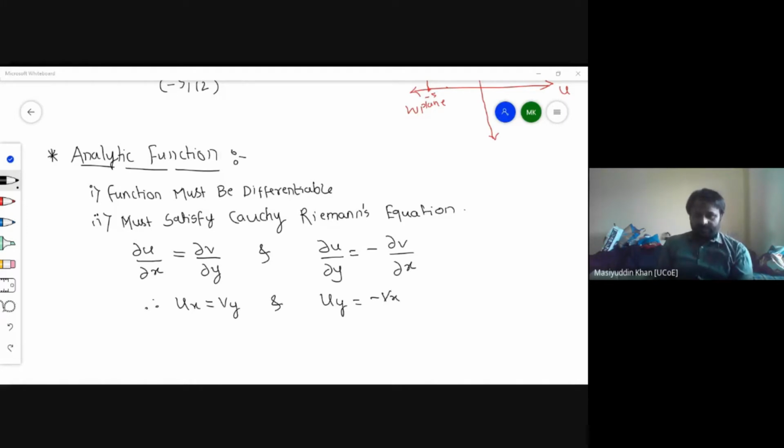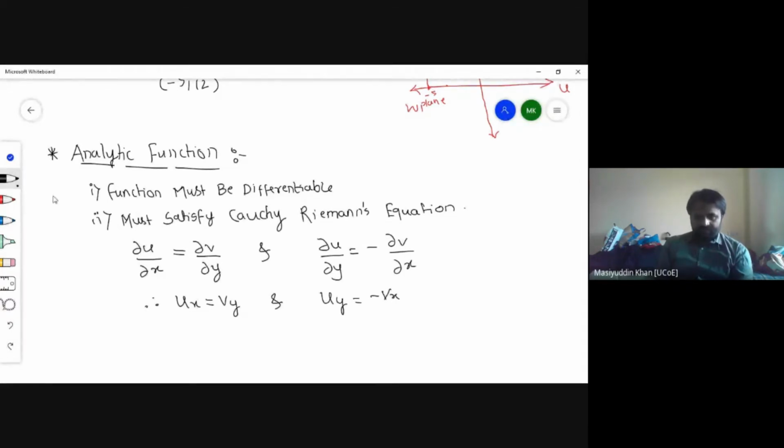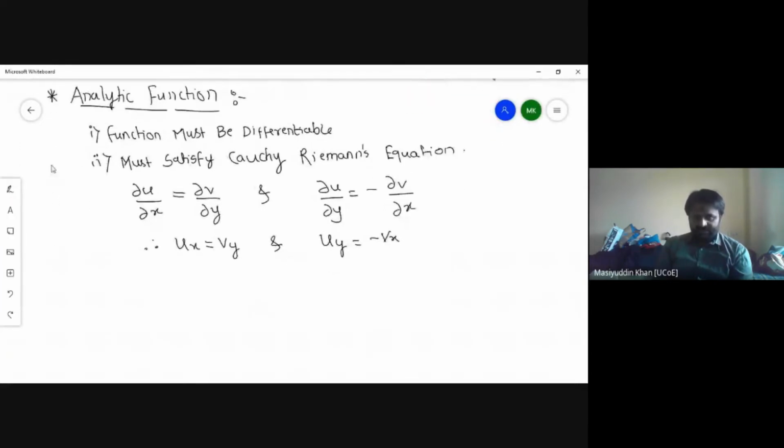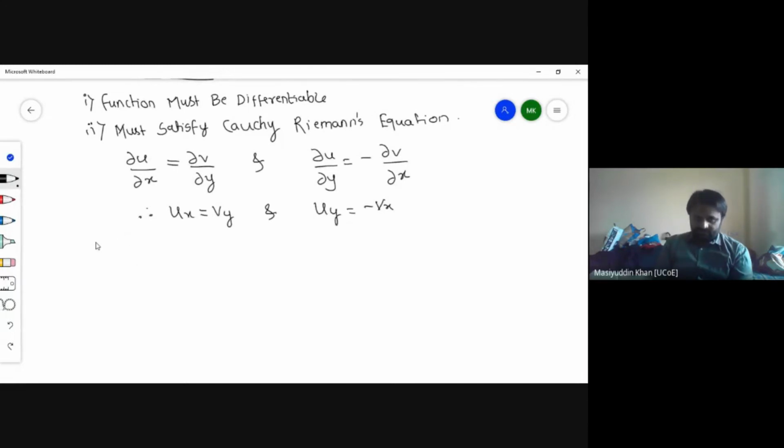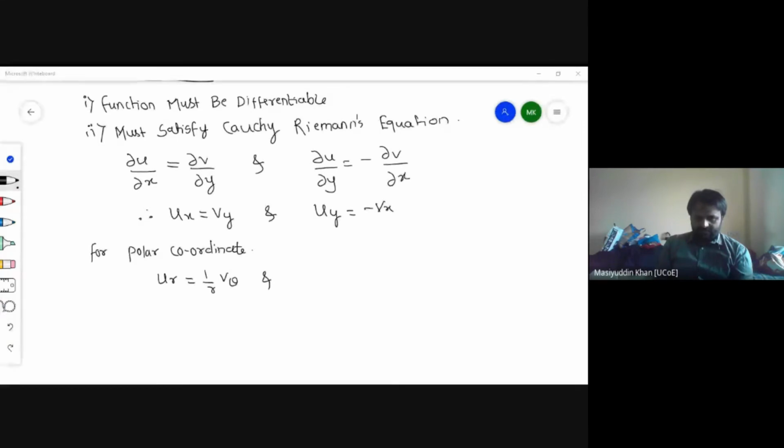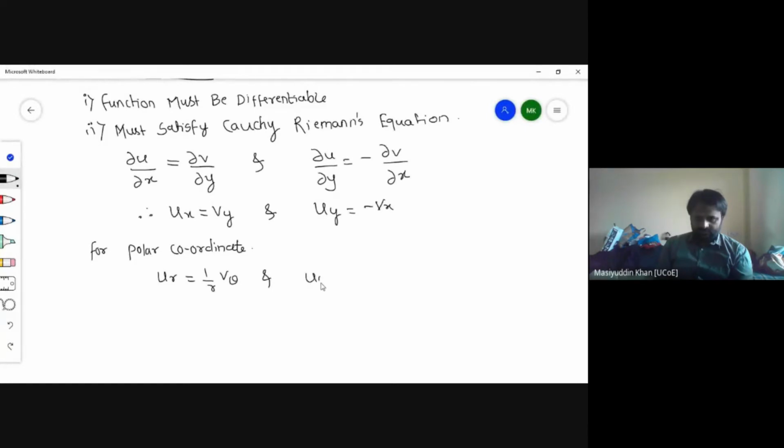The part I explained is in Cartesian coordinates, generally known as Cartesian coordinate x, y, and we have one more, that is for polar coordinates. ur is equal to 1 by r into v theta, and u theta is equal to minus r into vr.